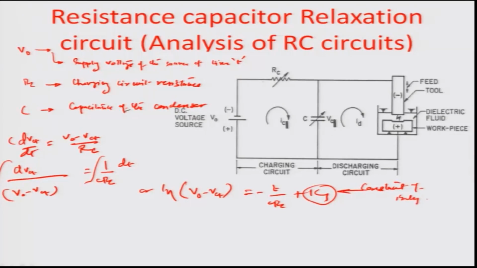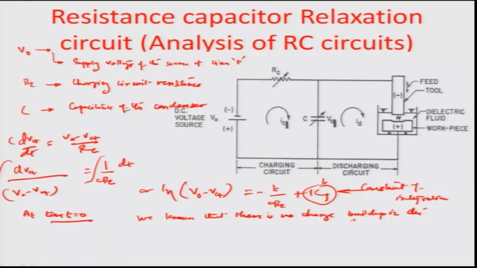integration, and let us try to now estimate the K1 by looking at maybe one boundary. So, at time t equal to 0, we know that there is no charge buildup in the condenser.